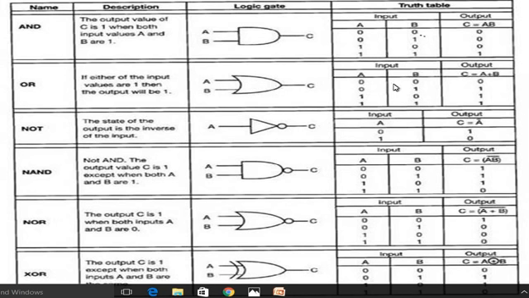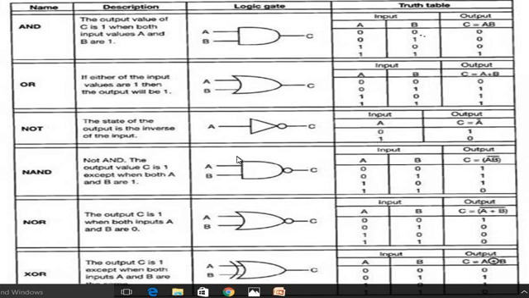Otherwise, for 0, 0, output will be 0. Third gate is NOT gate. This is also called an inverter. When A is true, C is false. A is false, C is true. Or A is 0, C is 1. A is 1, C is 0.